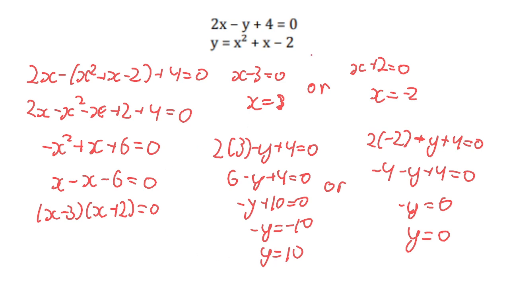So the two pairs we have are x equals 3 and y equals 10, or x equals -2 and y equals 0.